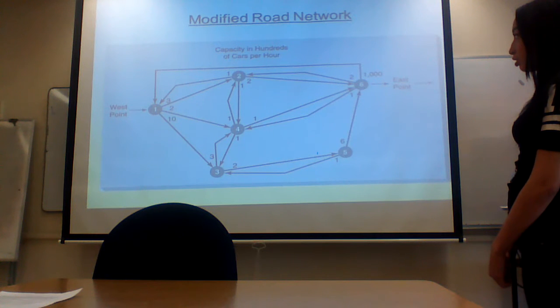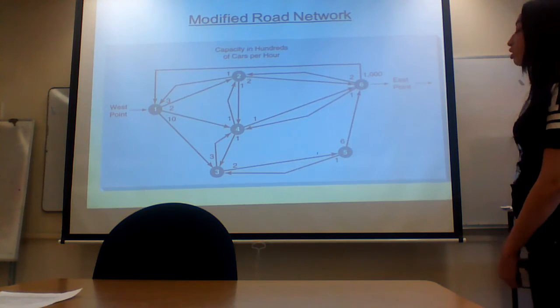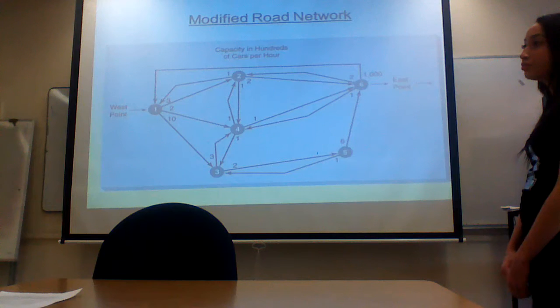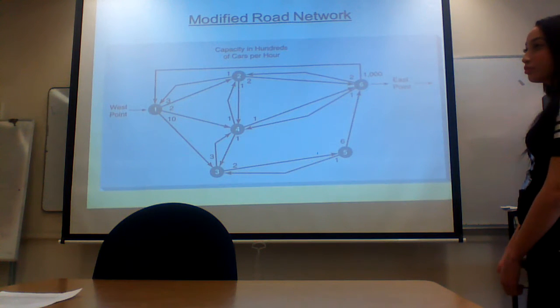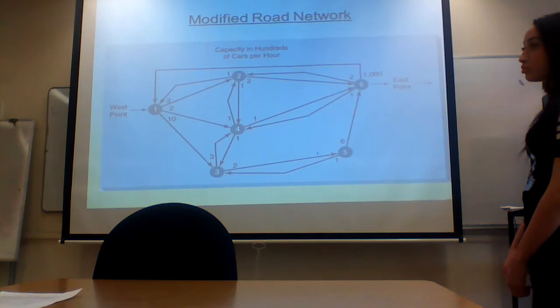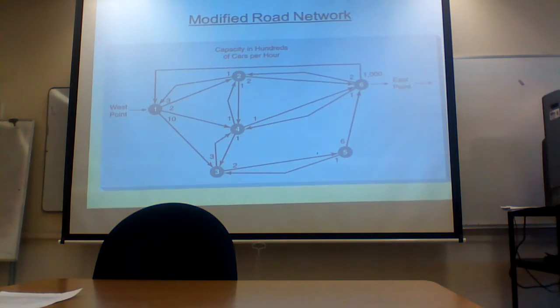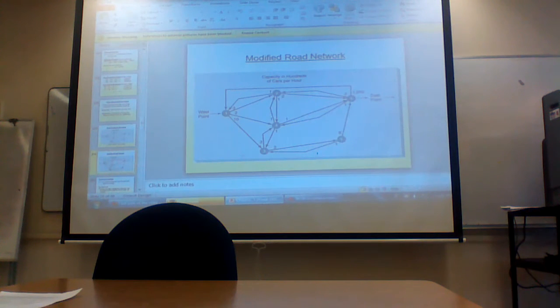And node 4 sends cars to 2, 6, and 3. Good. What we have to do is these things to be balanced correctly. This is what we have to write in mathematical terms and solve it. Now go to your Mathematica file and we can see what we have there.